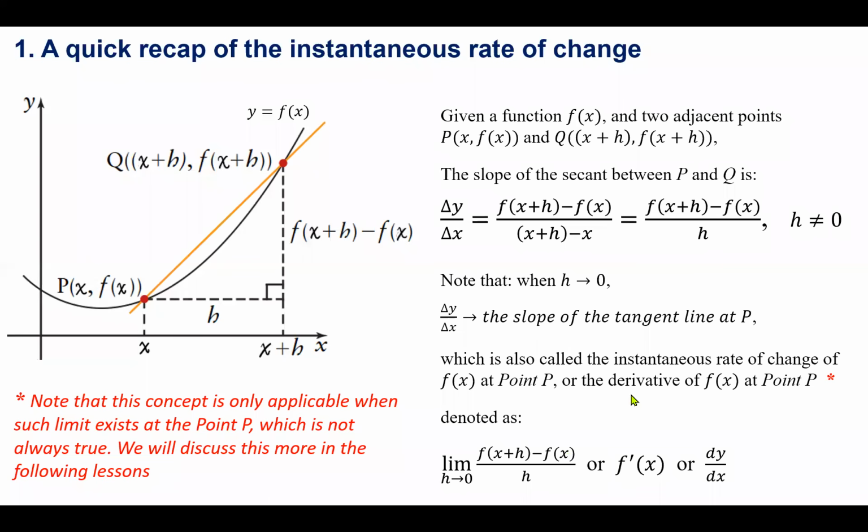So this is the definition of instantaneous rate of change, or the derivative of f(x) at point P, right? As you can see, the derivative of f(x) at point P is defined using a limit.